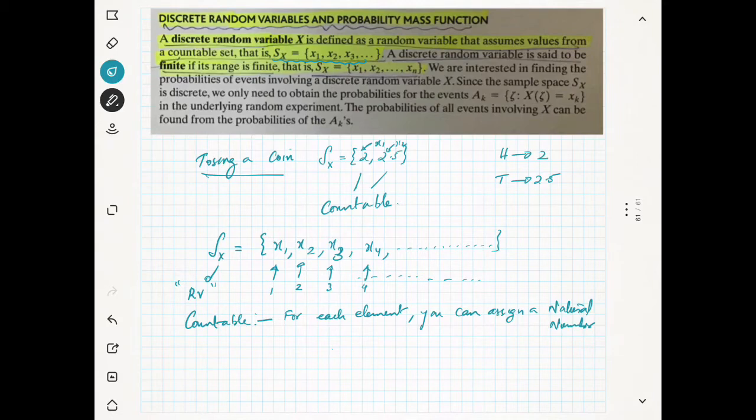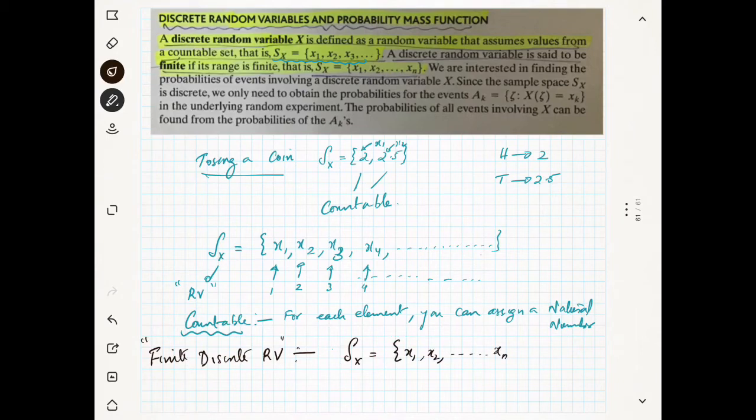That's why it is countable. Now we will talk about what we mean by a finite discrete random variable. That means if you have a sample space like this, x1, x2, etc.